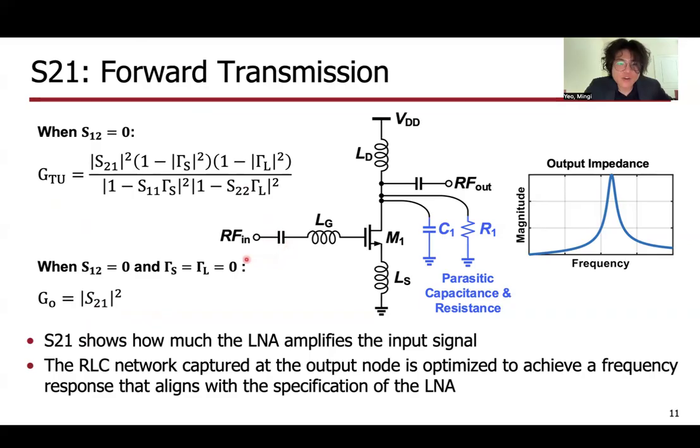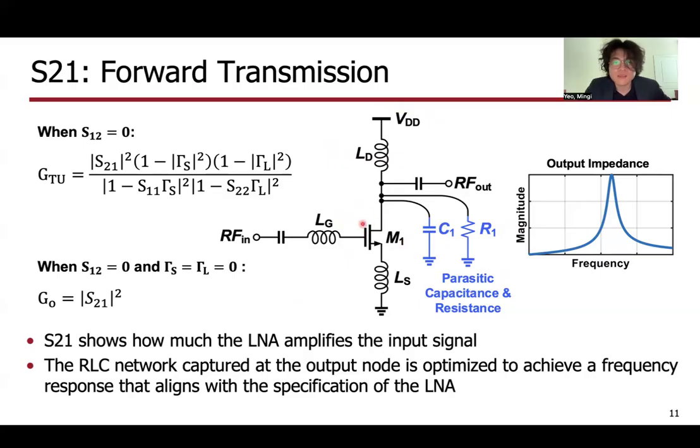The schematic of a simple narrowband LNA is shown in the middle here, with the inductors LG and LS for input matching. To find the gain of this LNA, we just consider the transconductance of the device multiplied by the output impedance that we have.